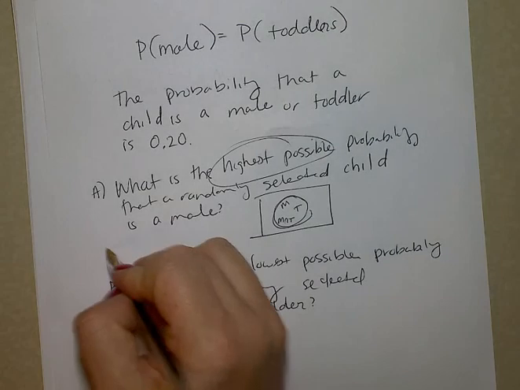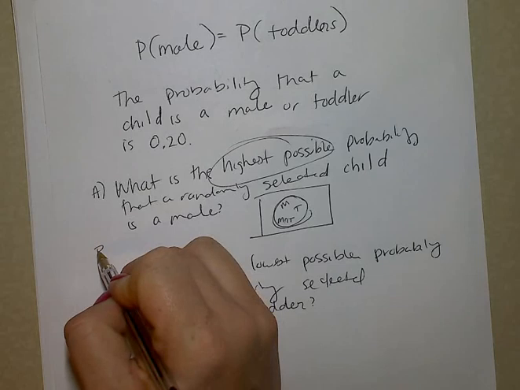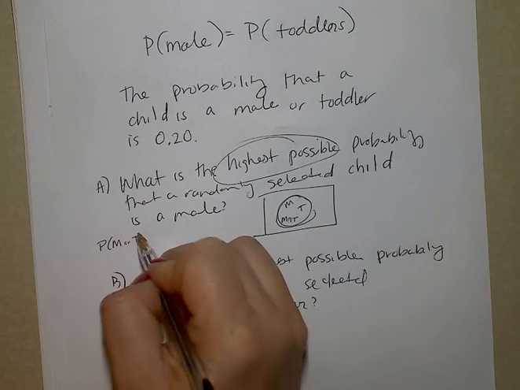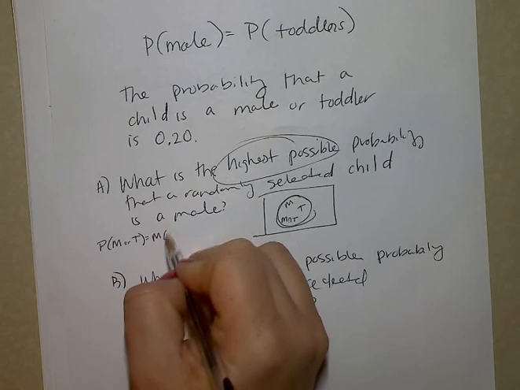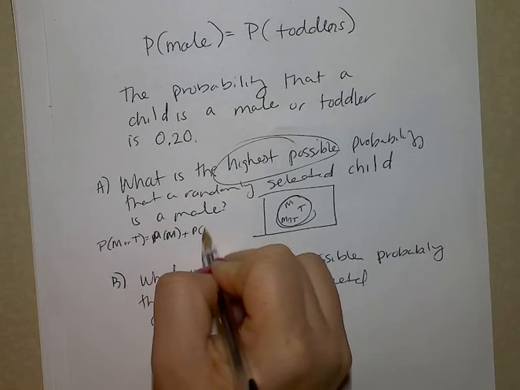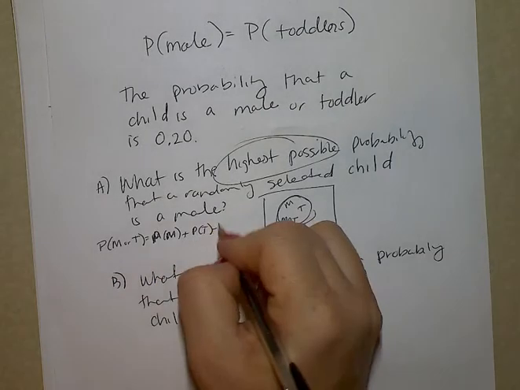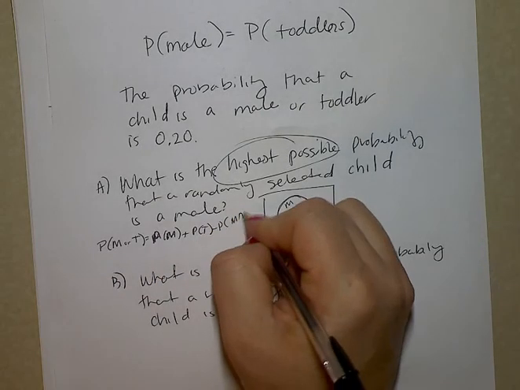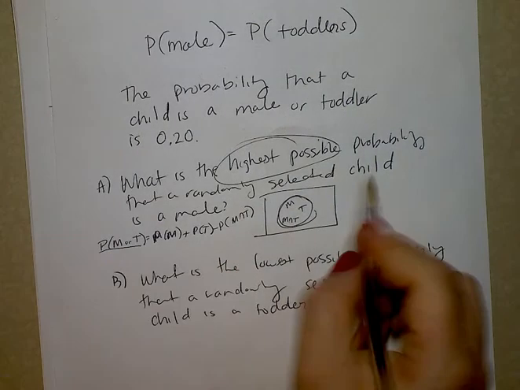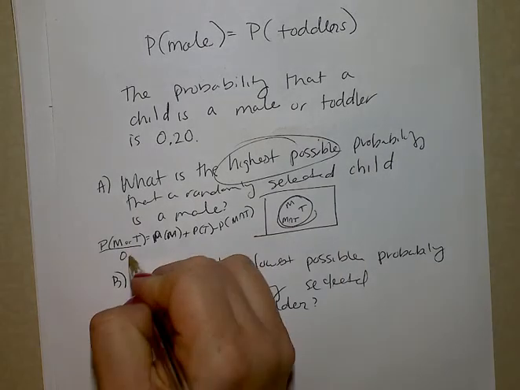So here's the formula. The formula goes like this. Probability of being a male or a toddler is probability of male plus probability of toddler minus the intersection of male and toddler. We know this answer is 0.2.